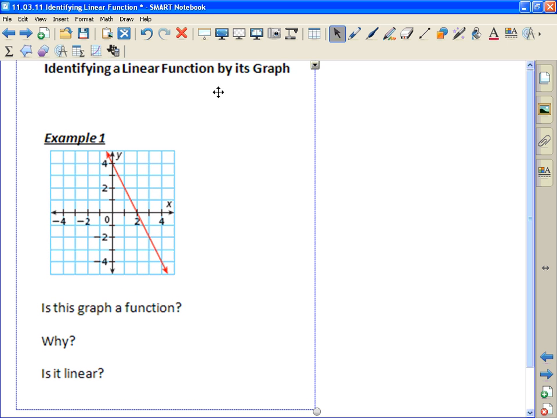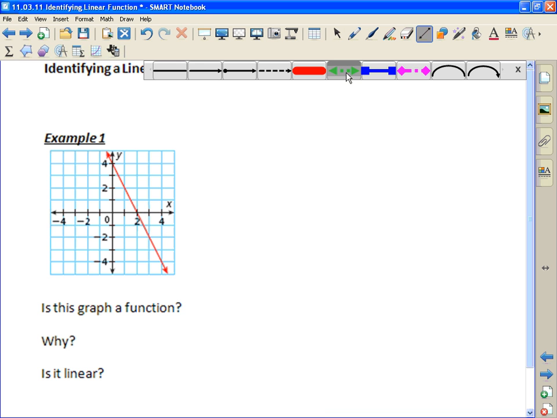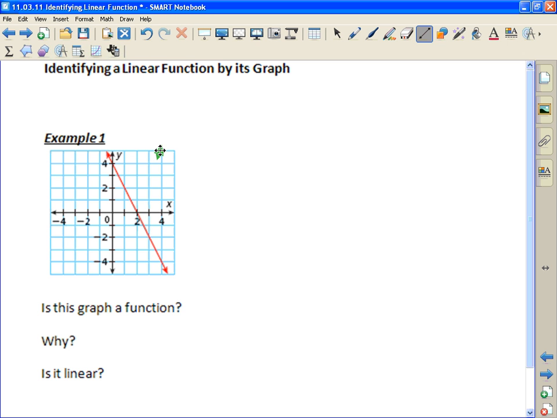So this is a graph, right? And we're going to look and see, first of all, is the graph a function? The way that you tell if a graph is a function is you draw a vertical line, and you don't have to do this on your paper, just hang with me here. You move it around, and you see if there's anywhere on the graph that you can get this line to touch it more than one time. Because I can't make my line touch the graph more than once, yes, the graph is a function.